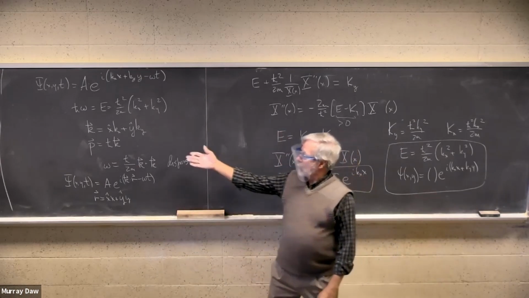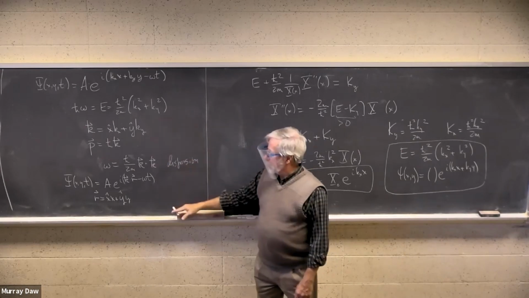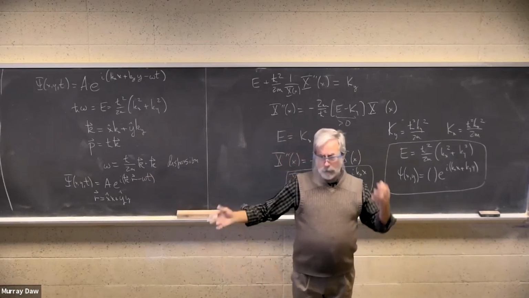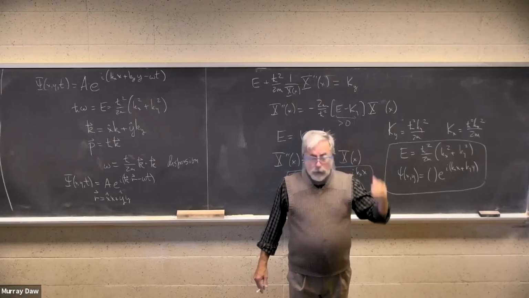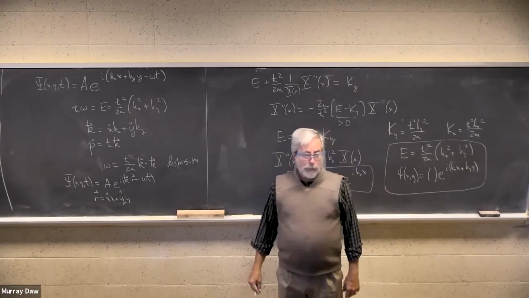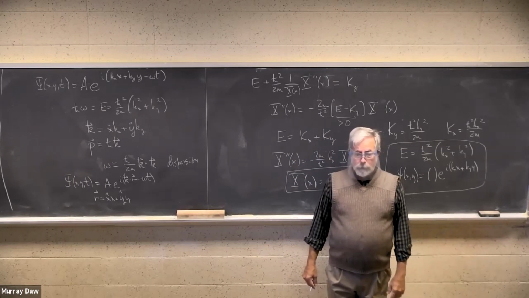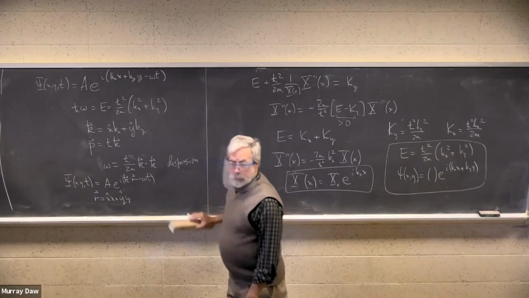You just make the k vector a vector in 3 dimensions, the position in 3 dimensions. Now we have k squared in 3 dimensions. You can see how this goes to 3 dimensions very easily, so I won't write that down. Just add the z component for the wave vector. So it's very easy to generalize to 3 dimensions.